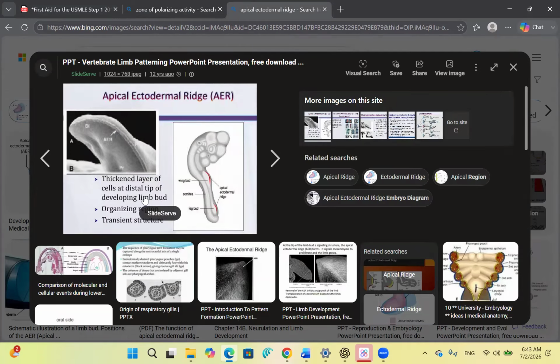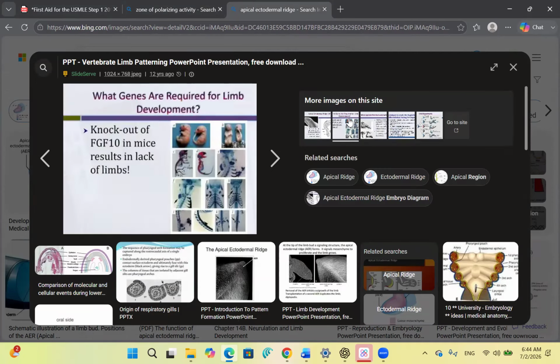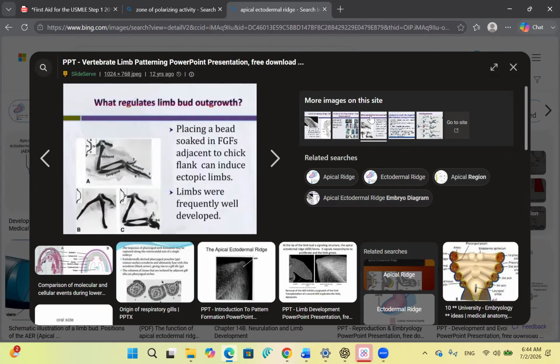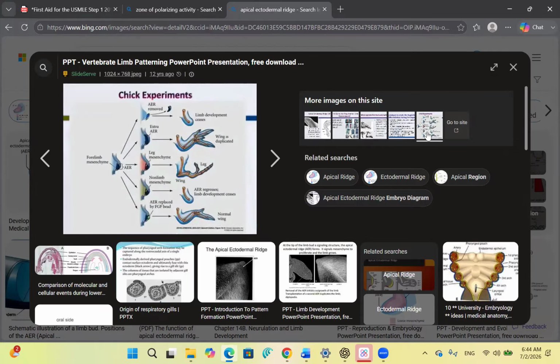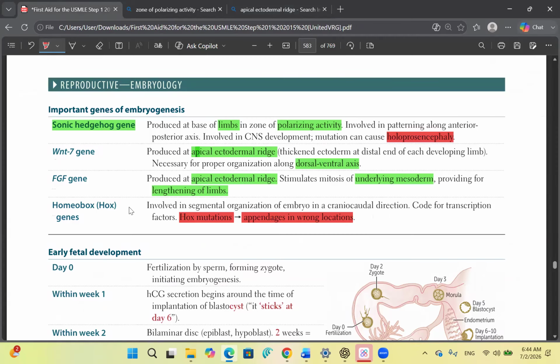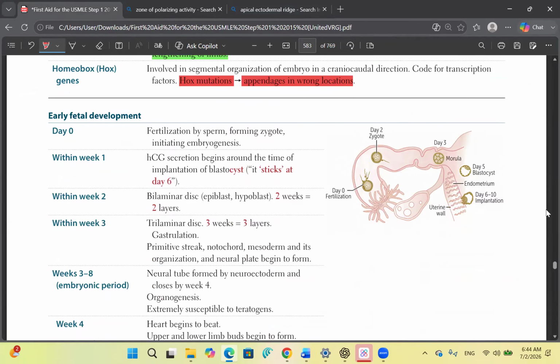Thickened layer of cells at the distal tip of the developing limb, an organizing region. Right. So the WNT7 gene acts on the apical ectodermal ridge for dorsal ventral axis organization. The FGF gene acts on the apical ectodermal ridge for lengthening of limbs, and the homeobox gene is for the segmental organization in a craniocaudal direction.